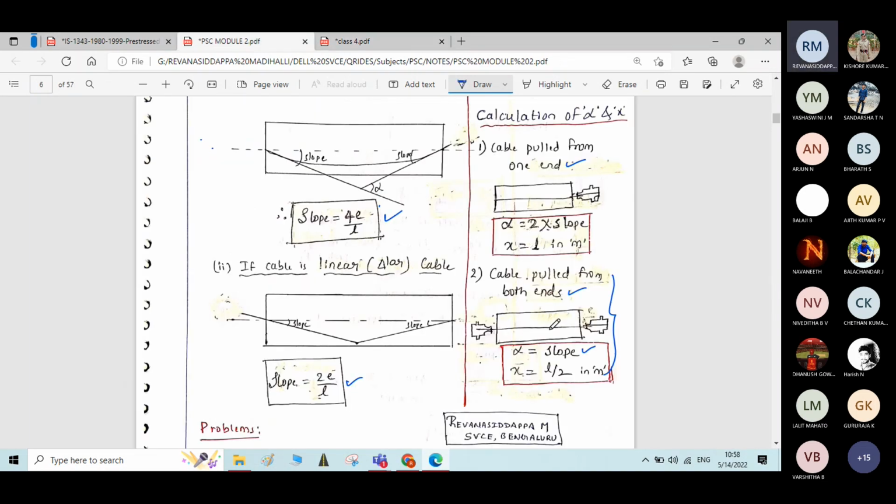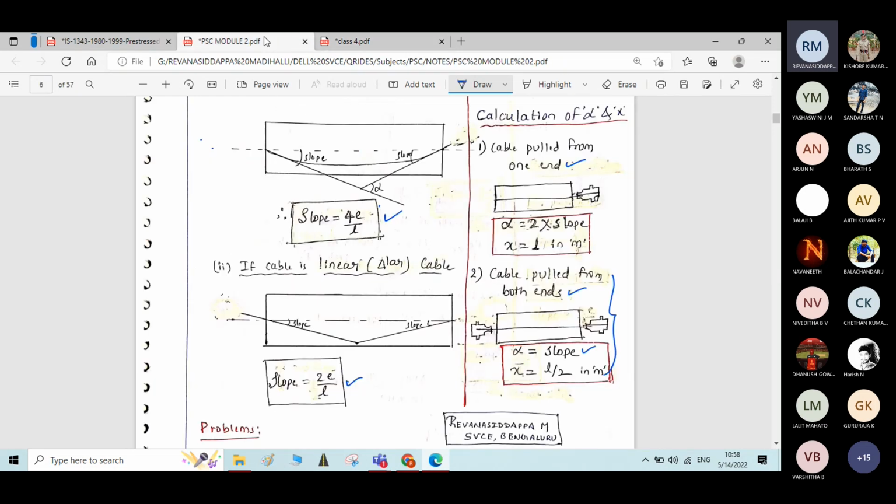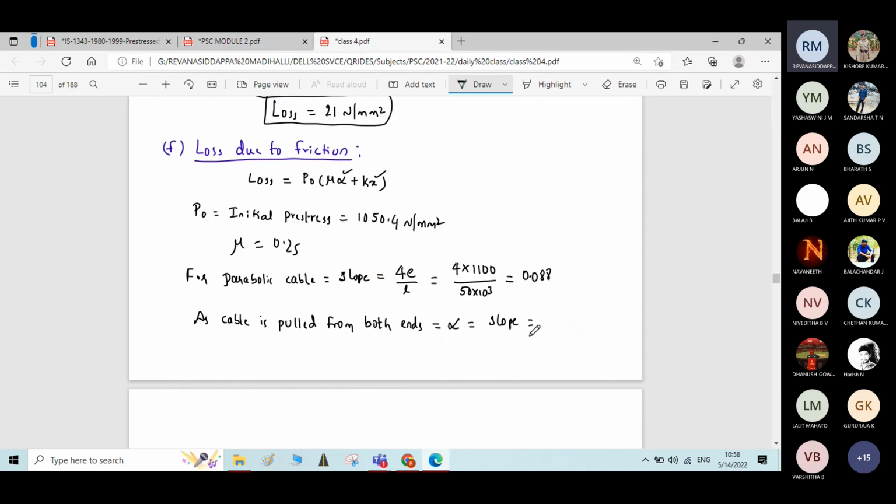Sorry, alpha is directly taken as the slope value. If it is pulled from only one end, it is 2 into slope. So it is pulled from both ends, so alpha is directly whatever slope value we have. Slope is 0.088.